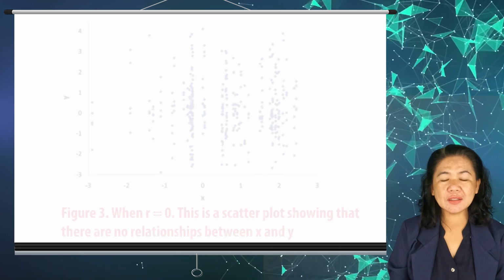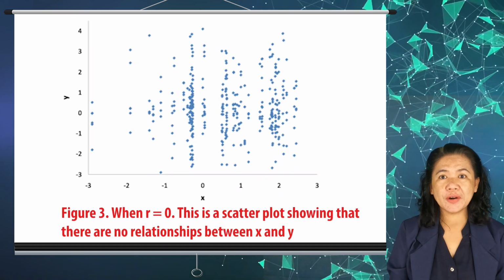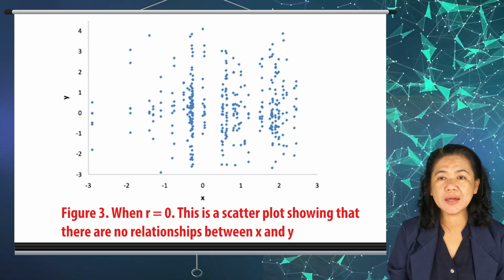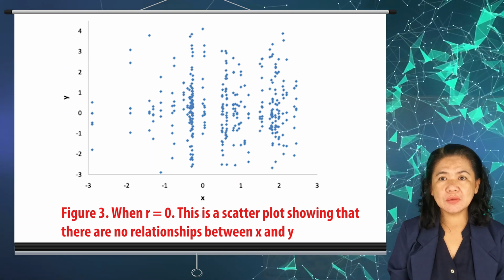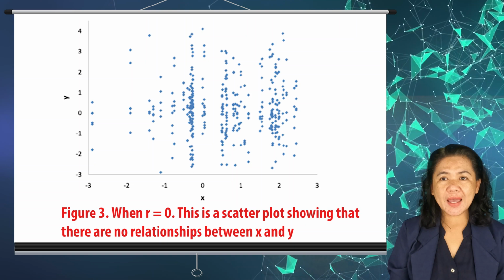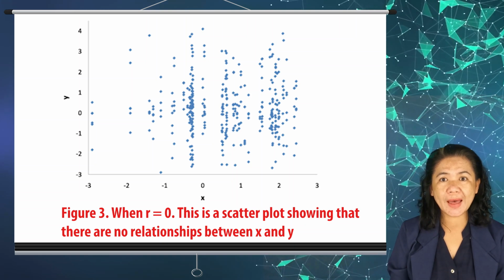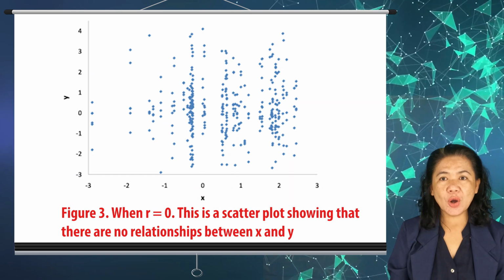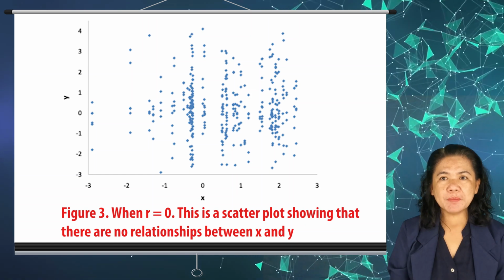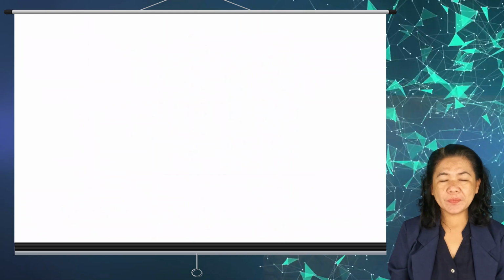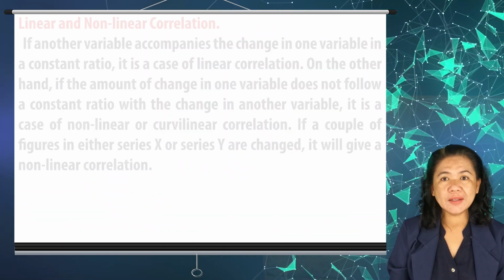Now take a look at this figure 3. When r is equal to 0, this is a scatter plot showing that there is no relationship between x and y.